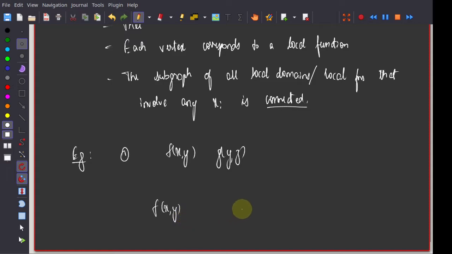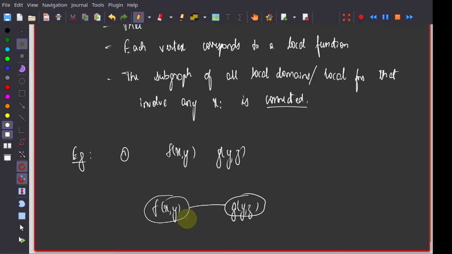One corresponds to f of x y, the other corresponds to g of y, z. So if I draw an edge between these two, is it a valid junction tree?